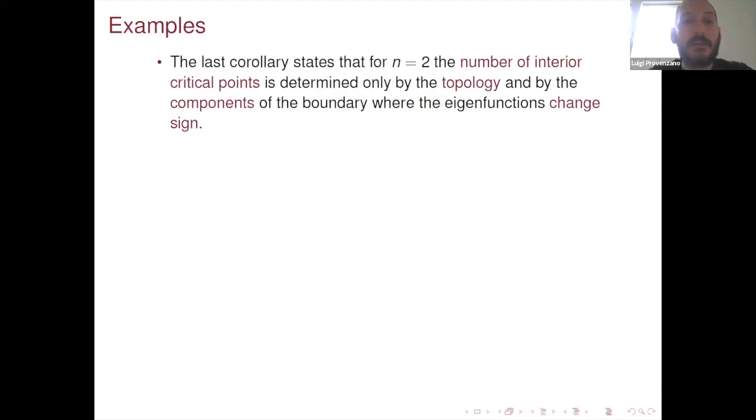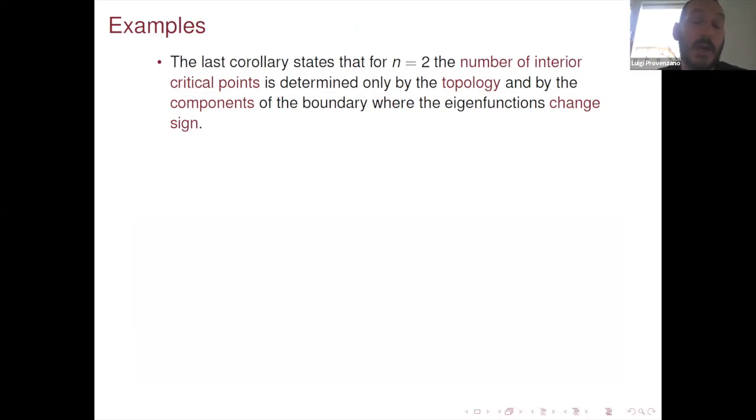Okay, I will do now some examples, and I will start with just a simple remark. I already said that in the case of surfaces, we see that the number of interior critical points is determined only by the topology of the surface and only by the components of the boundary where the eigenfunctions change sign.